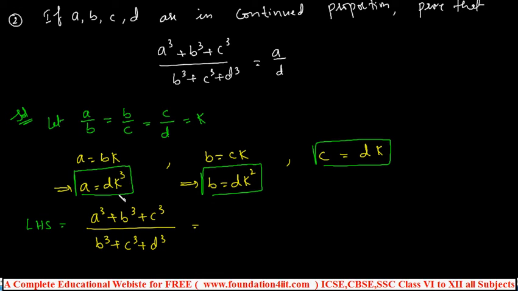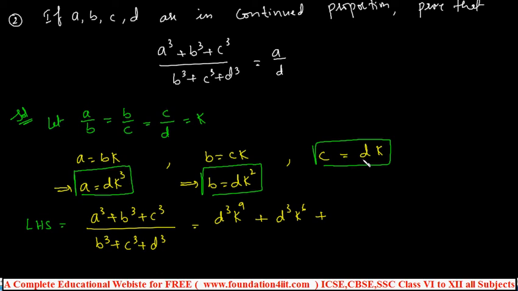LHS is A cube plus B cube plus C cube by B cube plus C cube plus D cube. If you observe, A is DK cube, so A cube is D cube, K cube whole cube, which is K power 9, 3 into 3. Plus B cube, so B is DK square, so this is D cube and K to the power 6, because 3 into 2.